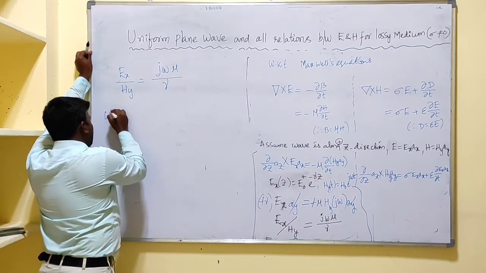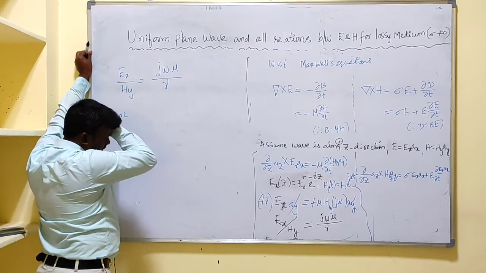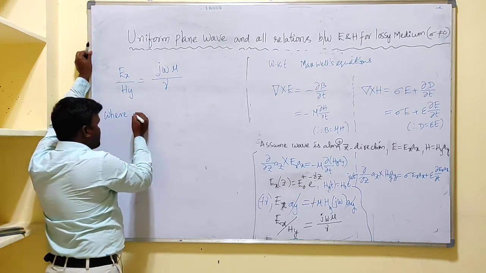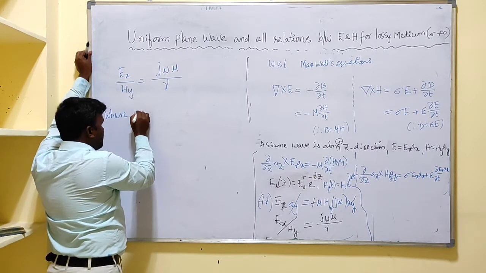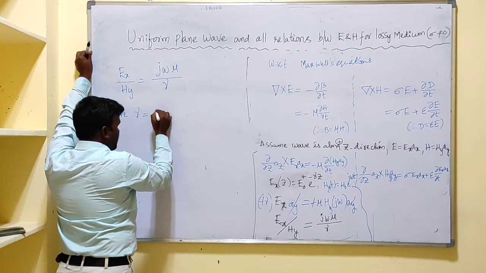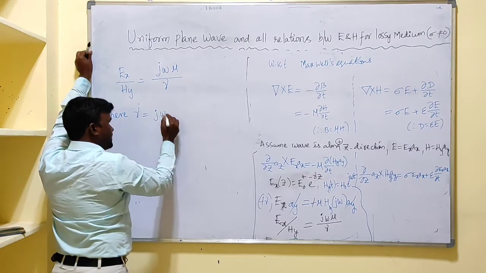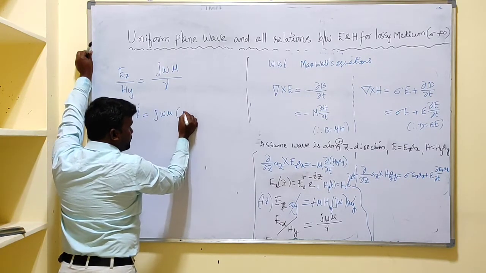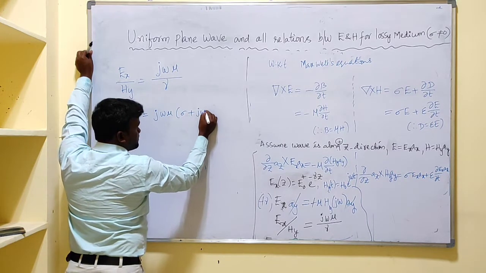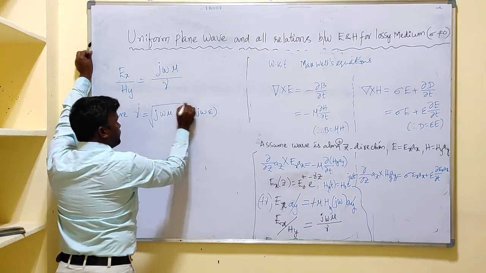We have gamma in the expression of the wave equation, where gamma is like this: under root, j omega mu into sigma plus j omega epsilon.